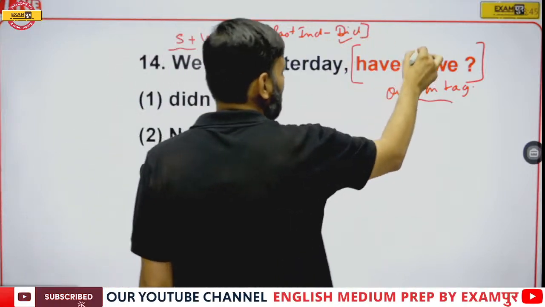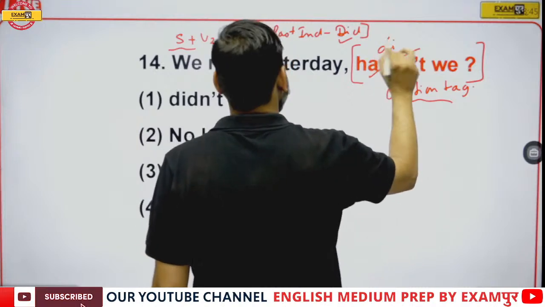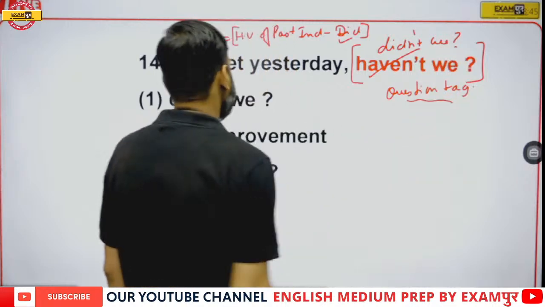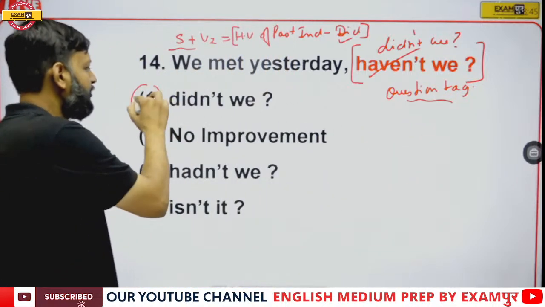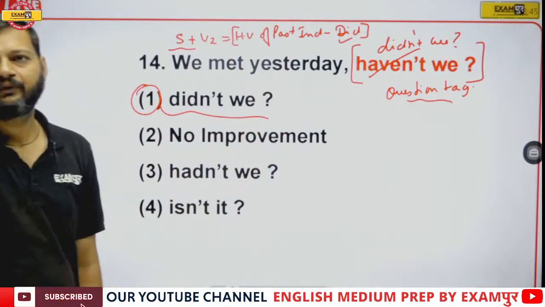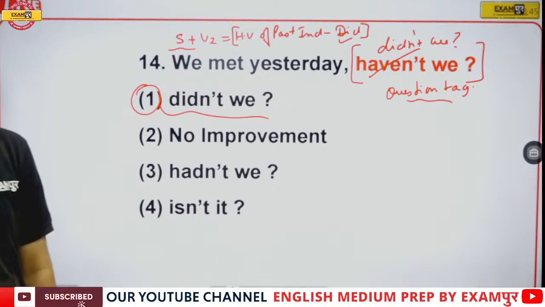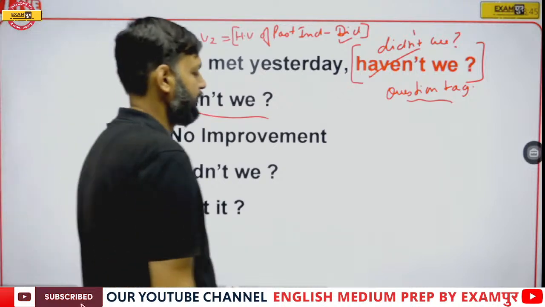So here in place of haven't, we have to use did followed by not and we. So didn't we should be the question tag. So here option number 1 is the right answer. Yes, Sravani, mathematics, Vikramaditya, all of you are absolutely correct.